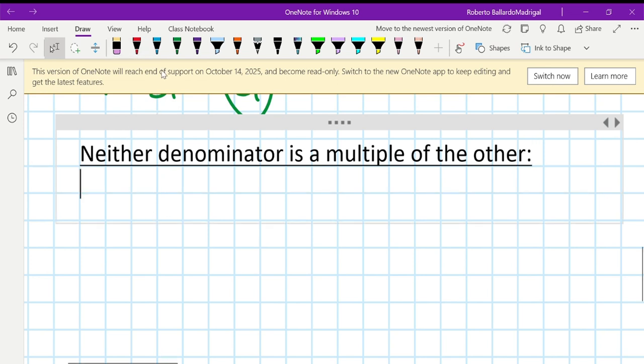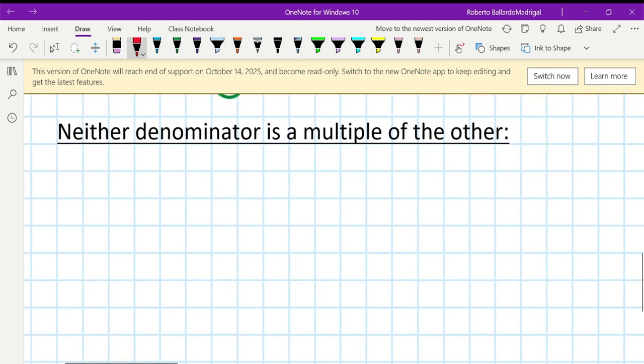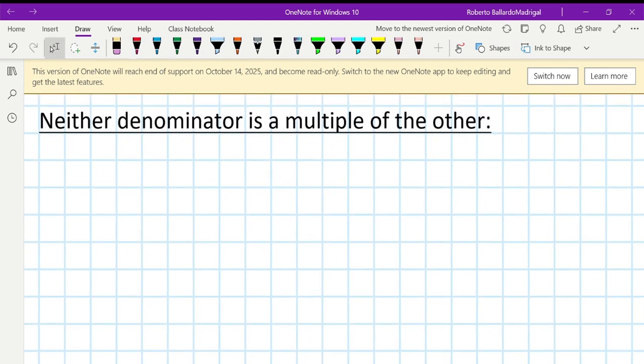So go ahead and write this down. Neither denominator is a multiple of the other. For example, 2/3 plus 1/4. 2/3 plus 1/4. So you will notice that there is no immediate multiple for 3 and 4.